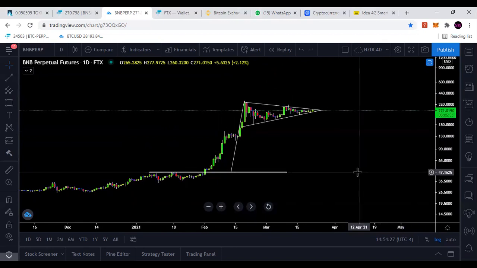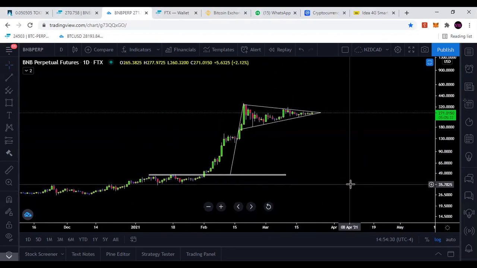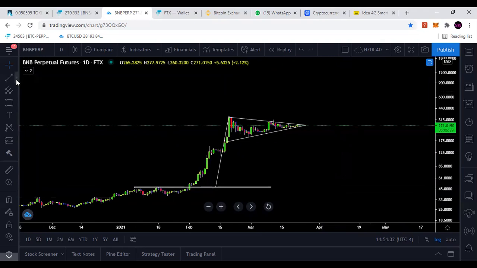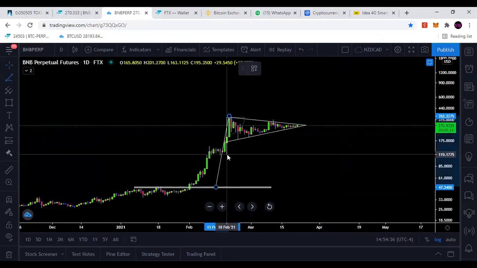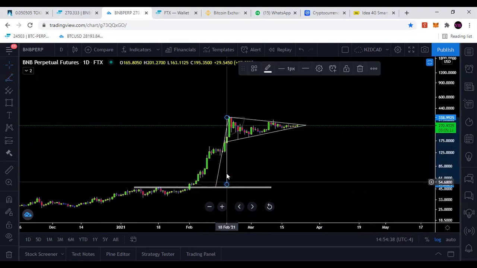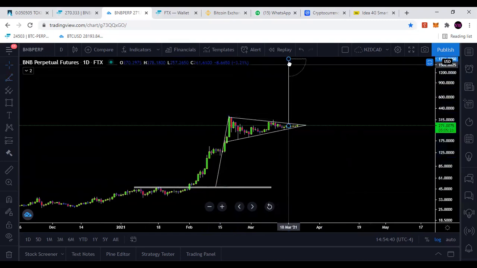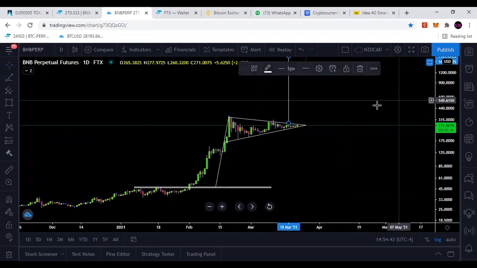So with this, let's see what we should be expecting. We can use this from here down to this level. We'll drag and drop it here. Don't mind the targets.